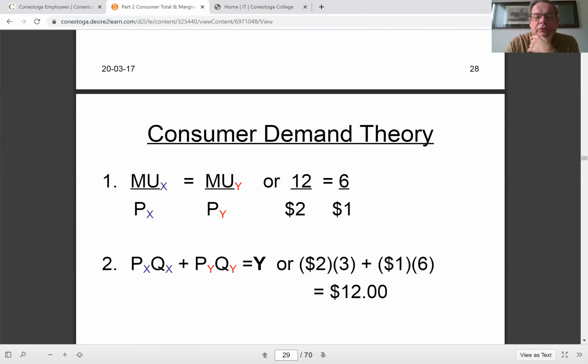So 2 times 3 plus 1 times 6 is equal to 12. Therefore, condition number 1 and the constraint, part number 2 here, are satisfied at the same time, so we will accept that. Any other combinations of X and Y here will not maximize our level of satisfaction. If you use the formula, as soon as you find the point where the condition and the constraint are satisfied, you can stop and the problem is over.